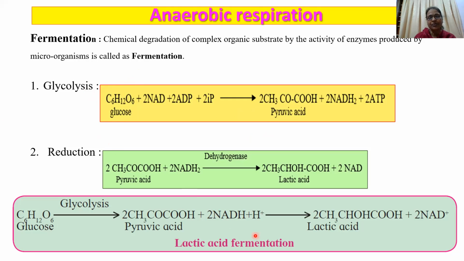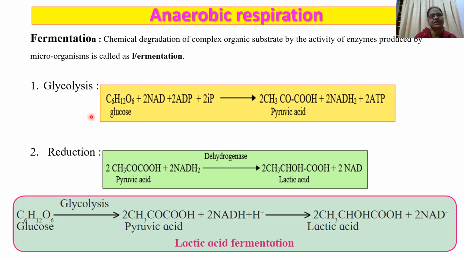If it is a lactic acid fermentation, only a second step occurs, where the pyruvic acid is directly reduced into lactic acid. Since the end product is lactic acid, it is called lactic acid fermentation. Actually, during lactic acid fermentation, first of all, the substrate is lactose.